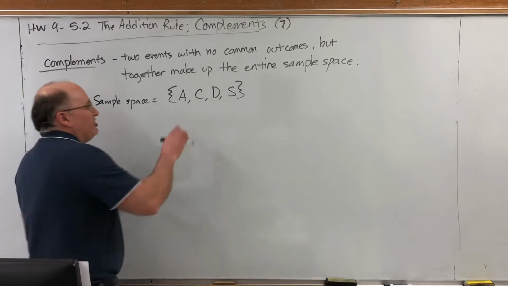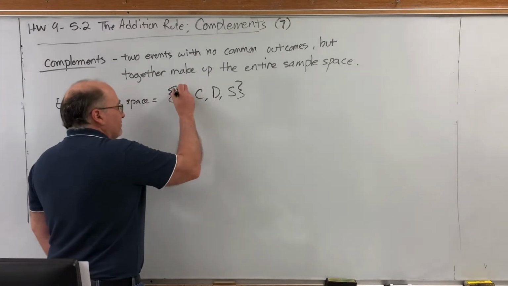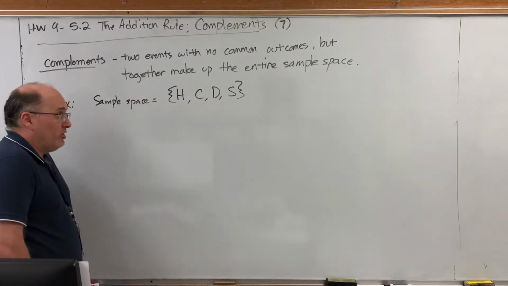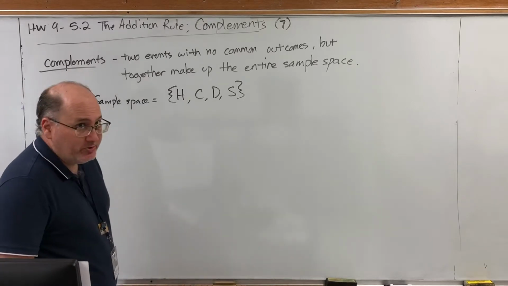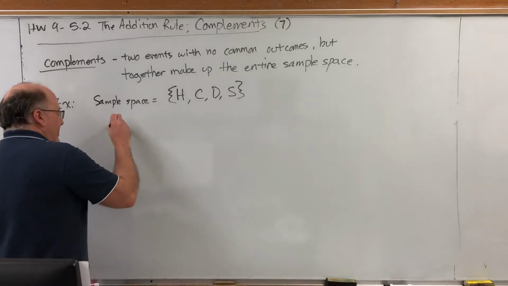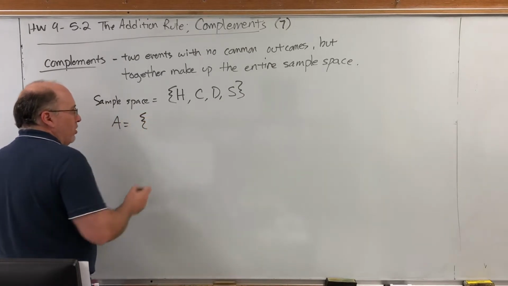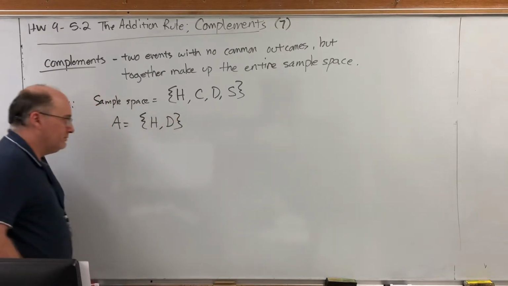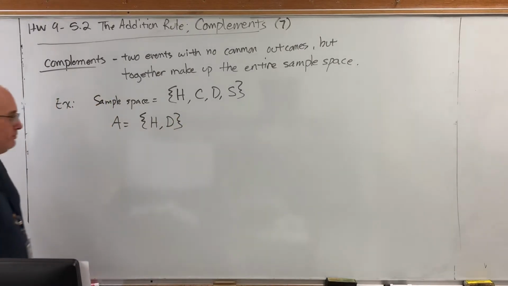H. I'm going to change the A to an H. Hearts, clubs, diamonds, and spades. Let's say that event A is you draw a heart or a diamond. In other words, you draw a red card.